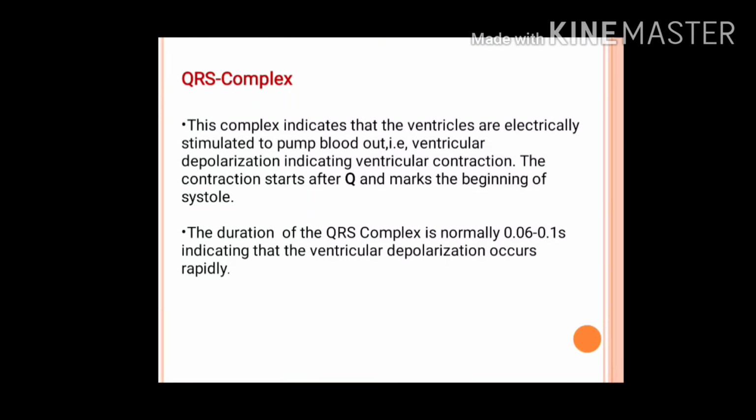So that's why this stimulation is required, and this is represented by the QRS complex. The duration of the QRS complex is normally 0.06 to 0.1 second, indicating that ventricular depolarization occurs very fast.